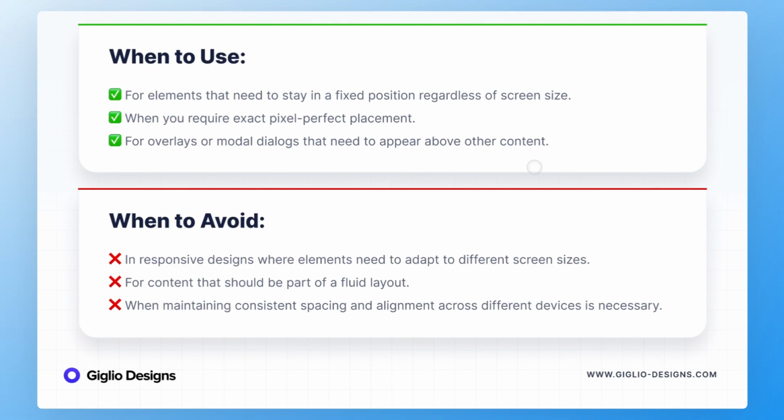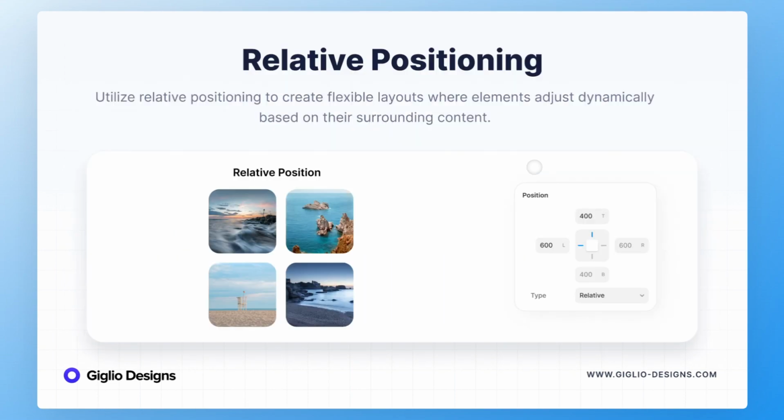Now let's talk about another really important element, and that is going to be relative positioning. Relative positioning is going to be used much more often, and you can utilize it to create flexible layouts where elements adjust dynamically based on their surrounding content.